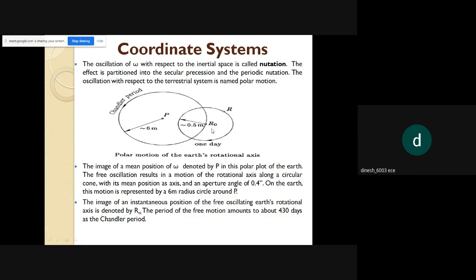R naught is the Earth's rotational axis, approximately 0.5 meters, and the period of free motion around this amounts to 430 days. This period of free motion, about 430 days for this periodic rotation, we call the calendar period. So 430 days is equal to one calendar period. This is how we determine it.